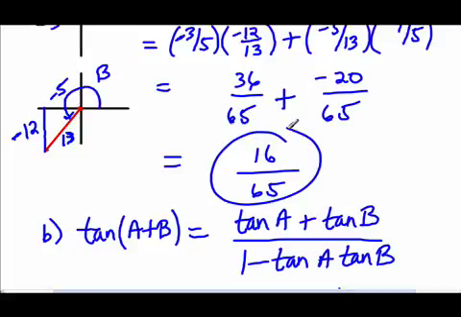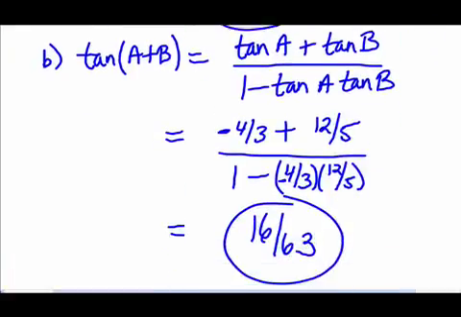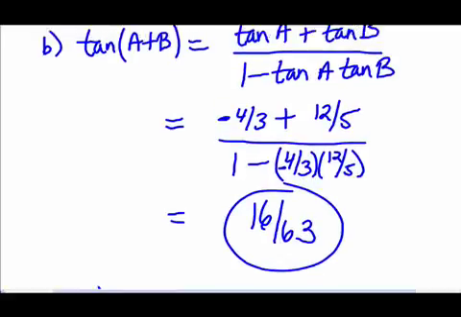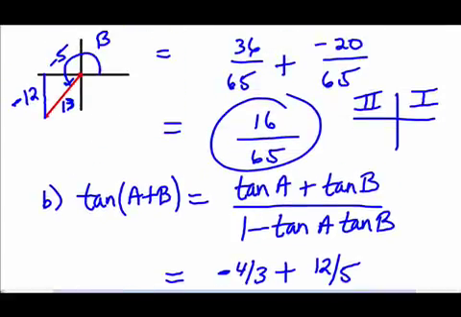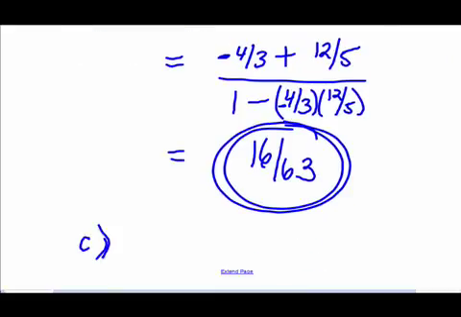So what two quadrants is sine positive? 1 and 2, right? Down here we also found out that the tangent of the same angle is positive. Where is tangent positive? 1 and 3. Where's the overlap? 1. So this angle has to be in quadrant 1.